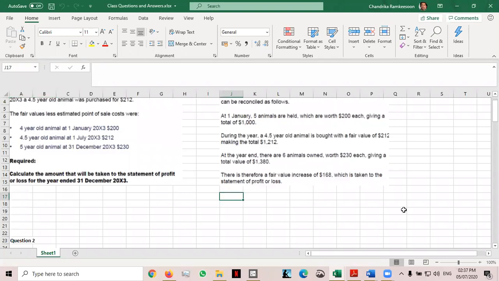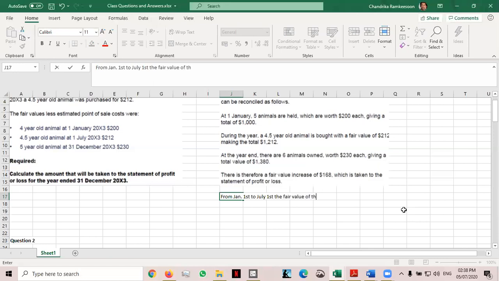We had, from 1st January to 1st July, the fair value of the existing herd of 5 animals increased as follows.